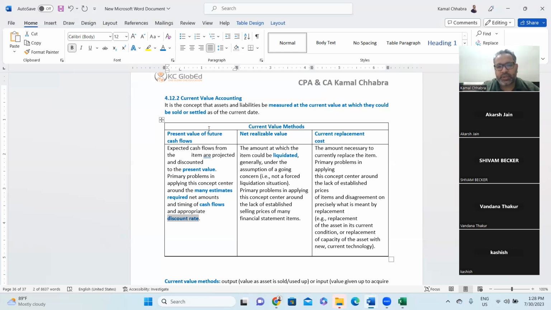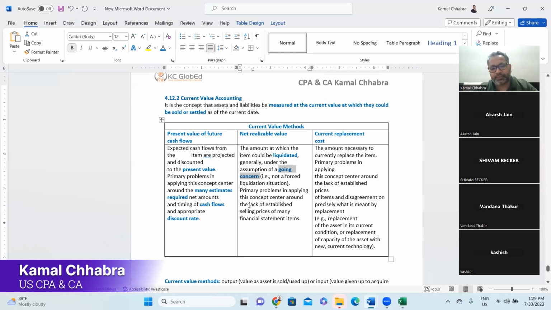So here the assumption is that going concern is not an issue. The primary problem in applying this concept is the lack of an established selling price for many financial statement items. That is the key challenge with this method.